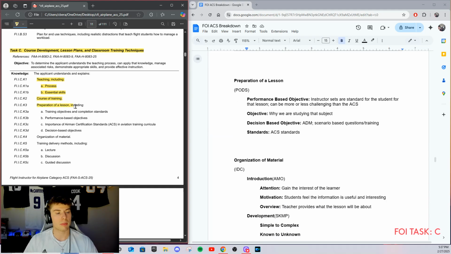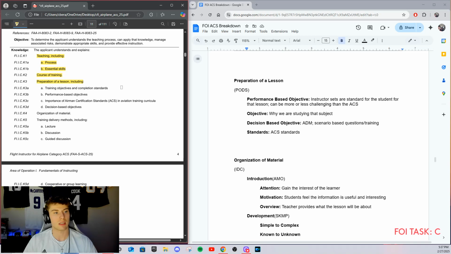And for preparation of flight, I did these in a little different order, but just to make it an acronym that makes sense. So PODS is performance-based objectives. The instructor sets a standard for the student that lesson, and that can be more or less challenging.